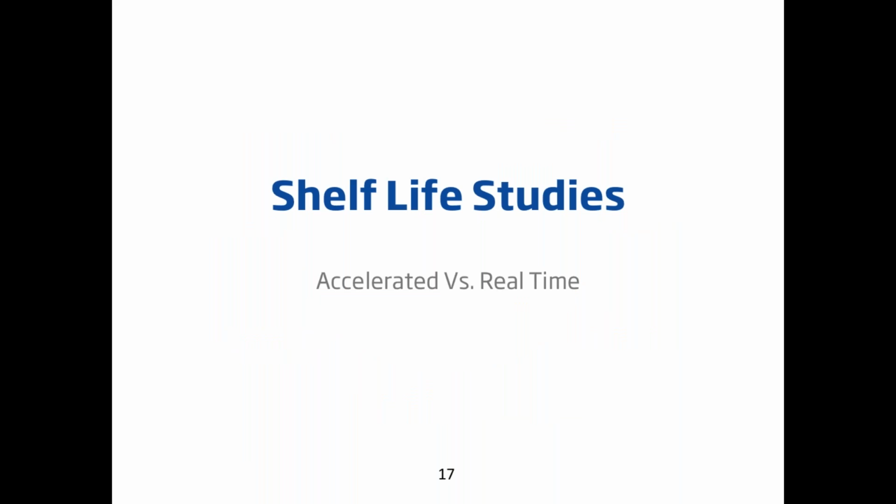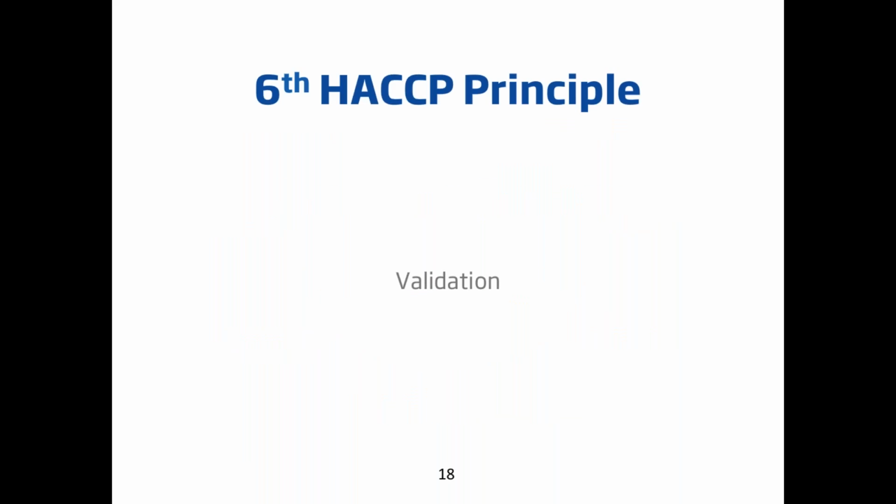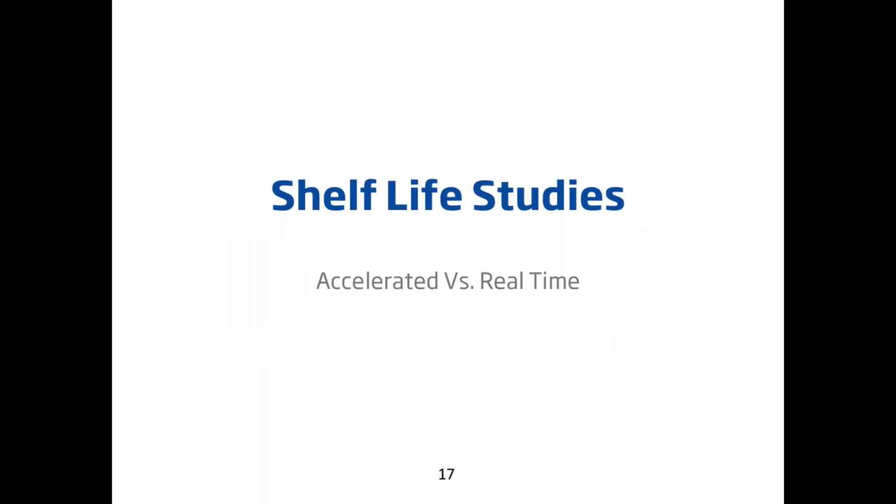All right, now we can go. So shelf life studies. There are 2 particular ones: accelerated or real time. According to the Institute of Food Technologists, IFT, and the National Advisory Committee on Microbiological Criteria for Foods, you'll see this acronym a lot, NACMCF, shelf life is the amount of time that a product is considered acceptable for consumption when stored at the appropriate storage conditions.